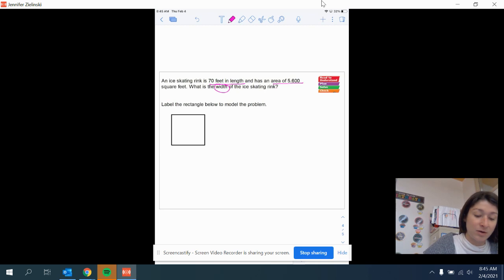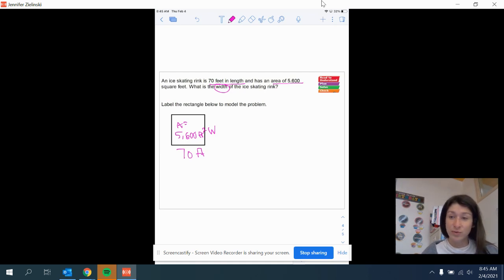Okay, so I know our width is here. That's our missing side. I know my area is 5,600 square feet. And I know I have 70 feet here. So thinking about how we would label this, using an equation, there's two ways.